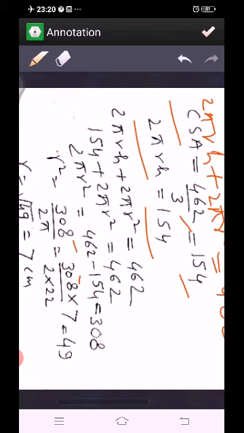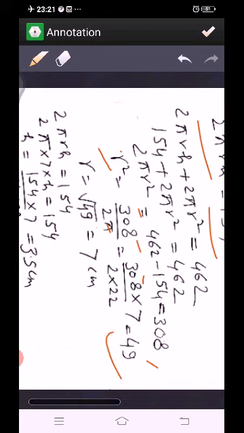So on subtraction we get 308. So r square equal to 308 upon 2 pi. Now we have to put the value of pi. So we put here 22 upon 7. On calculation we get r square equal to 49. So r equal to under root 49, that is 7 centimeter.